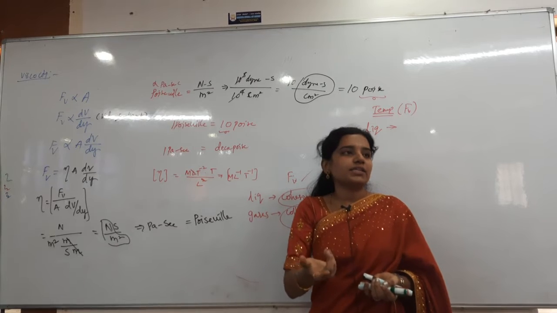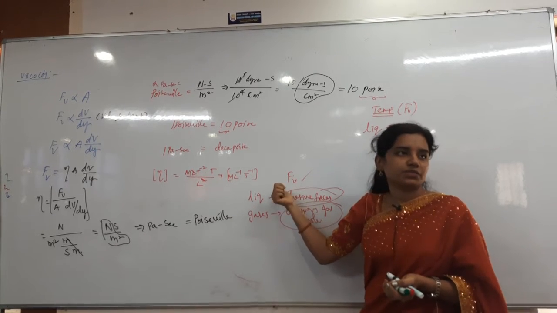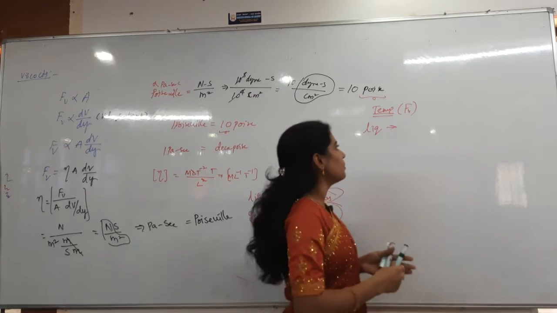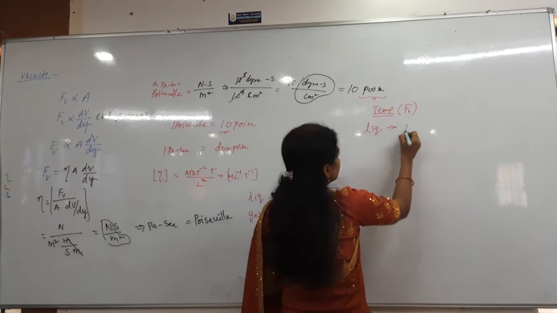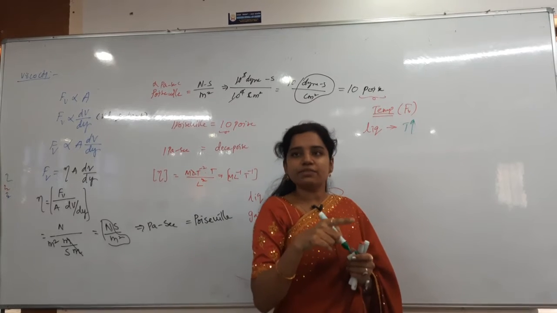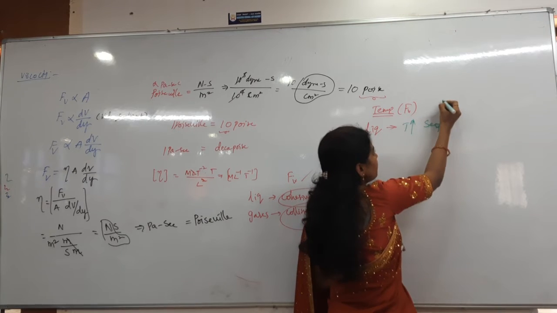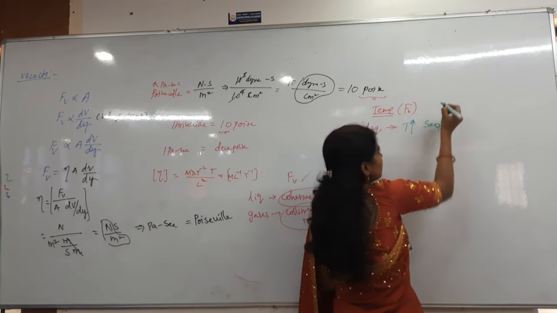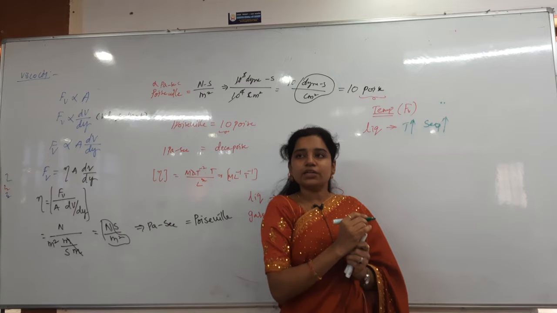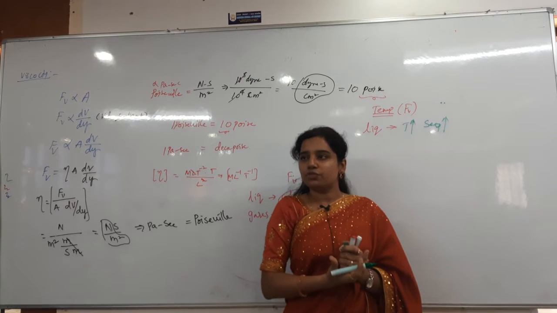Attraction is which attraction here? Cohesive force. And cohesive force is nothing but which force here? Viscous force. So whenever I raise the temperature, what happens? Separation increases between the fluid molecules. Let me take one molecule and another molecule. They are very near to each other, so there will be more cohesive force.